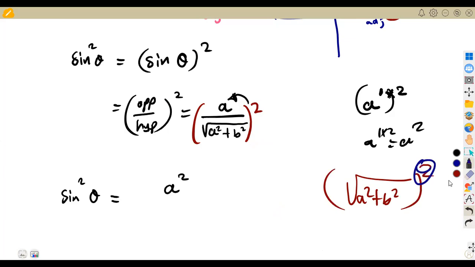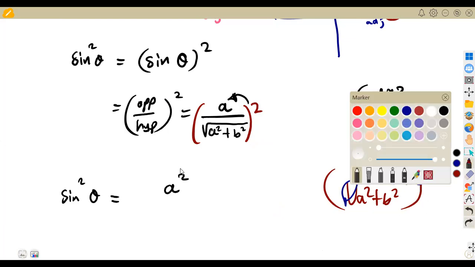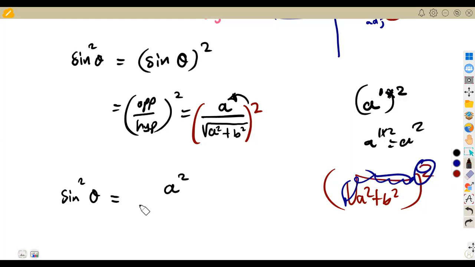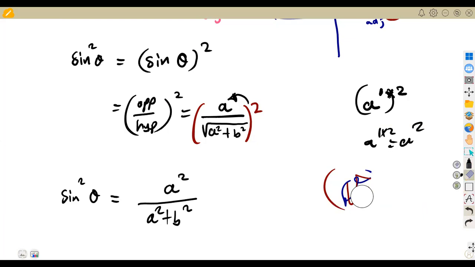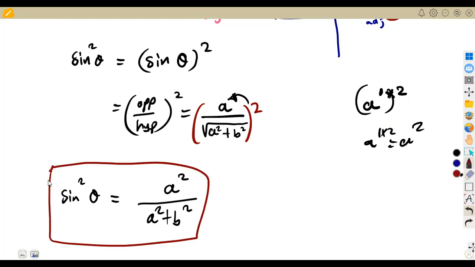So the square takes rid of the square root. Meaning to say, you are going to be left with a squared plus b squared under the denominator. All right, so that is going to be a squared plus b squared, and this cannot be simplified further. All we can do is to leave our answer in this manner, that is our sine squared theta is equal to a squared over a squared plus b squared.